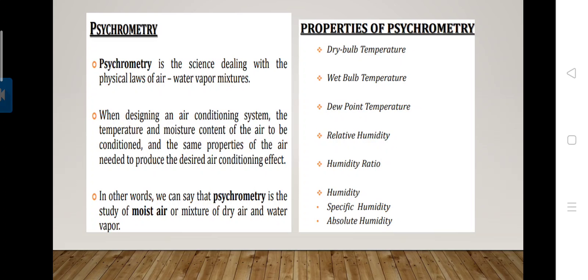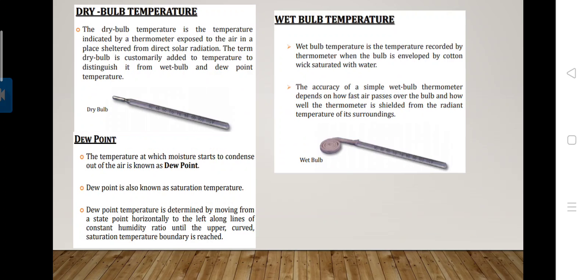If the temperature of the mixture of air and water vapor is above the saturation temperature of water vapor, then that vapor is called superheated vapor. In saturated air, relative humidity is 100% and the degree of saturation is equal to 1. Now we see the properties one by one.